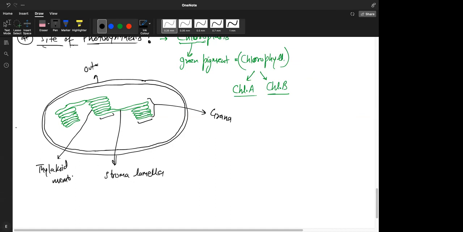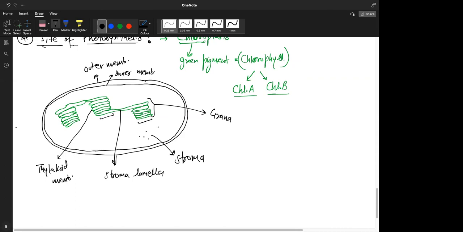This is the outer membrane and this is the inner membrane. The space present in between is called stroma, and this is called stroma lamella.